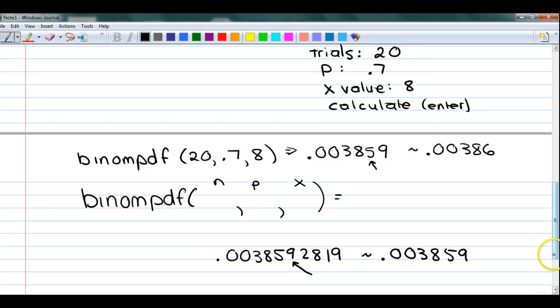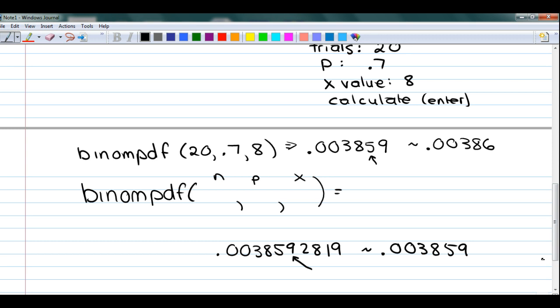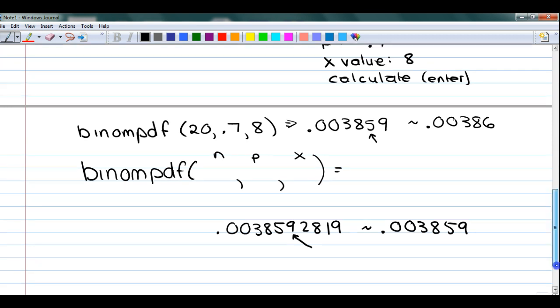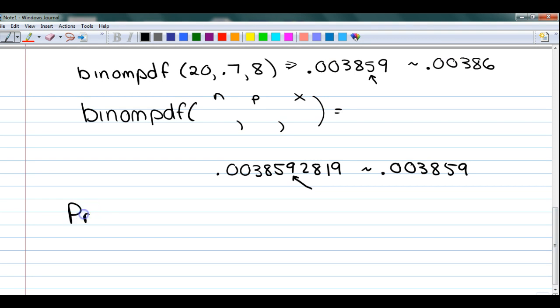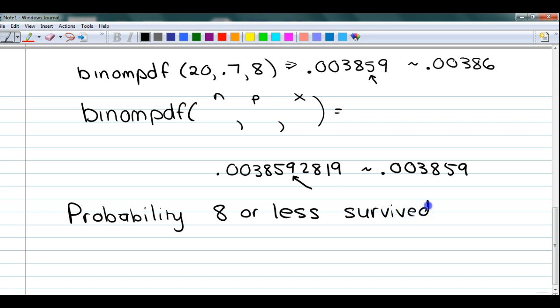Well, what if we wanted to know the probability no more than 8 survived? That would be 8 or less. That's the probability X is less than or equal to 8. That's binomial CDF.